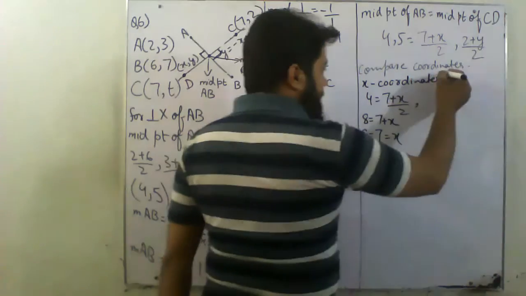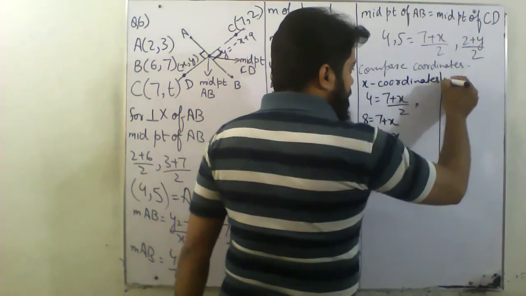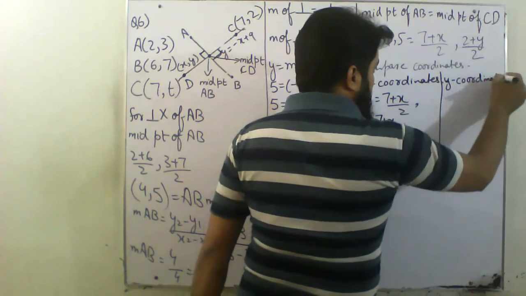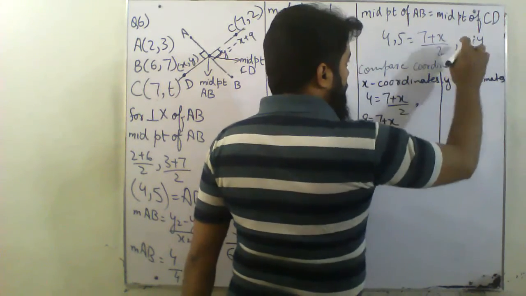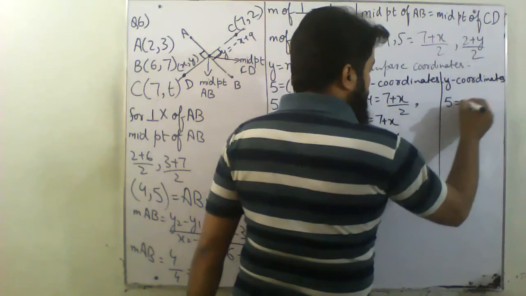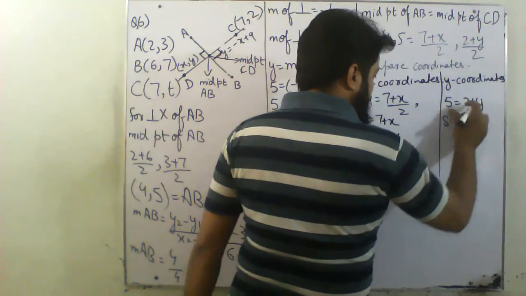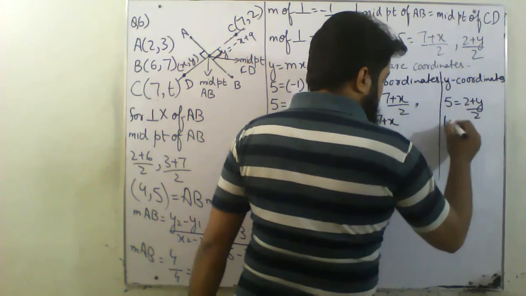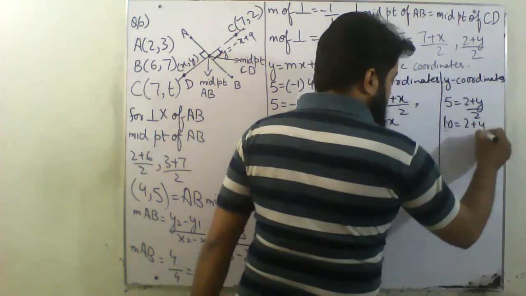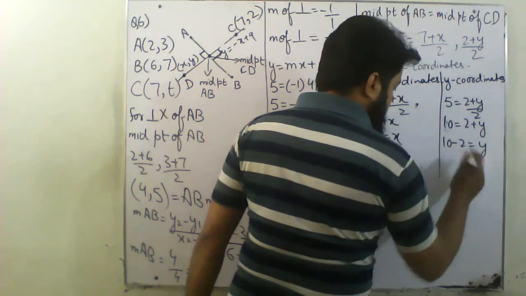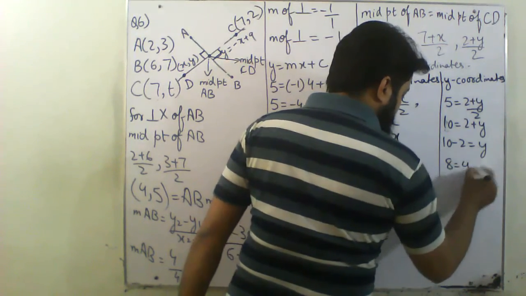In the same way, the y coordinates will be compared. So 5 equals (2 plus y) over 2. 2 shifted over here, 2 fives are 10 equals 2 plus y. 10 minus 2 equals y, which is 8.